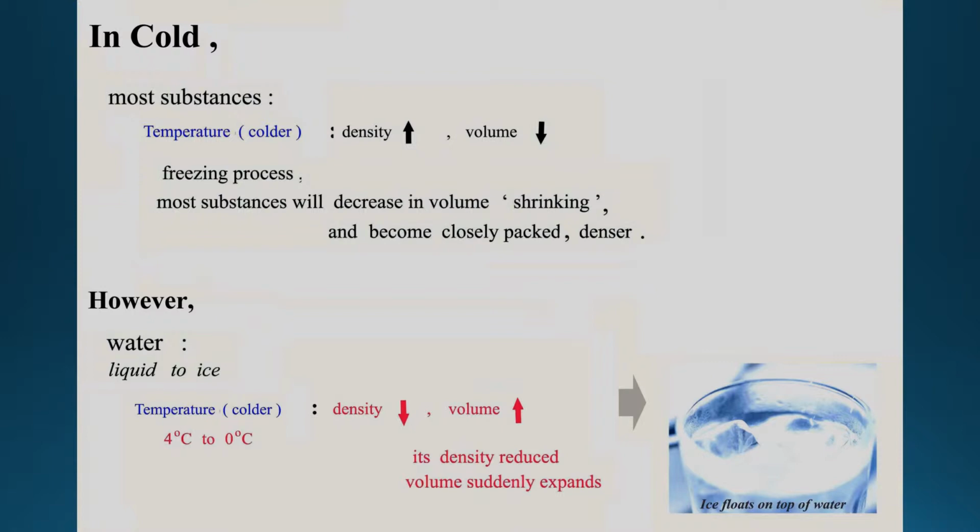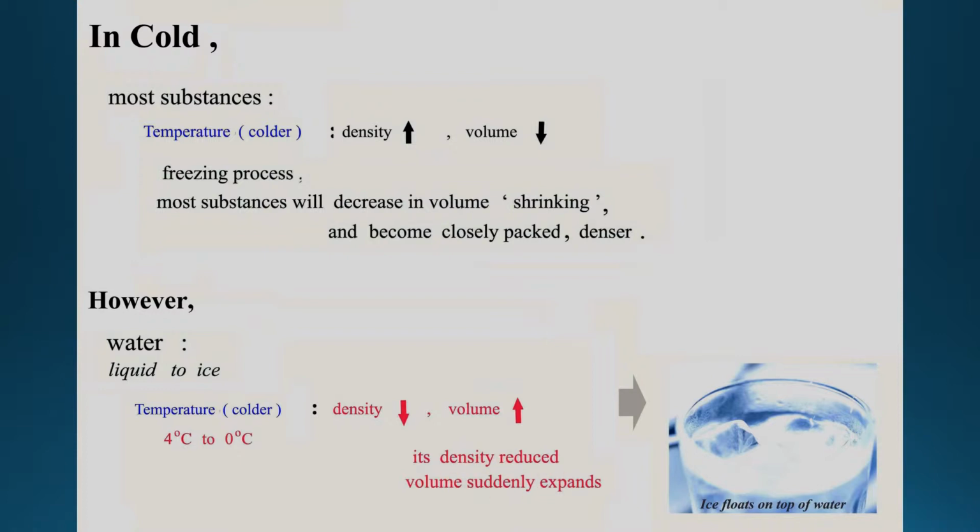However, water has a very special personality. When the temperature goes lower and lower, down to ice, from 4 degrees to 0 degrees, instead of getting smaller, it will suddenly go bigger.